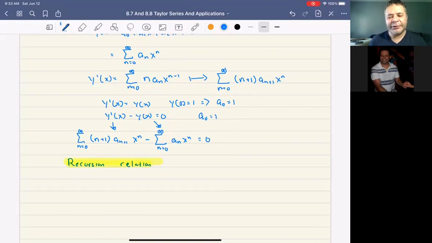Okay, so what we're getting is a sub n plus 1 times n plus 1 minus a sub n equals 0. And what we're doing here is we're saying at each n, the coefficients of x to the n should match.